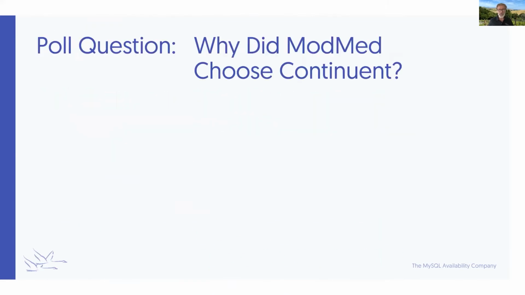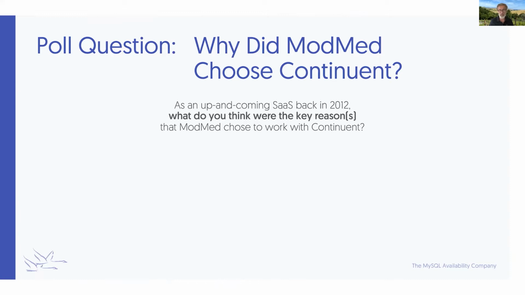And why did Modernizing Medicine choose Continuent? Looking at what we actually offer, it is about availability. It could be about data protection, scalability, cost.